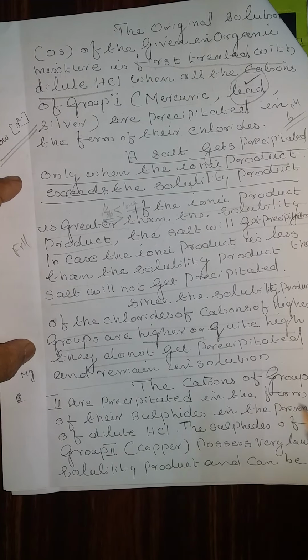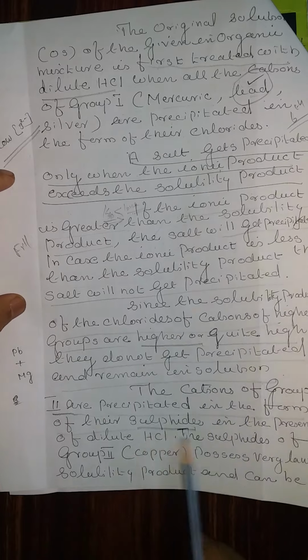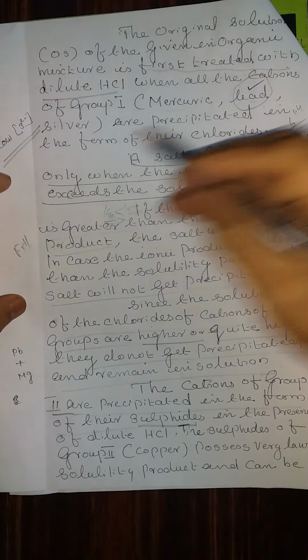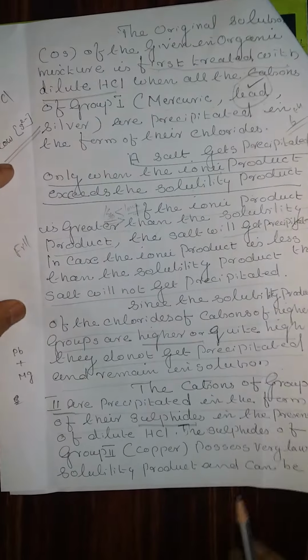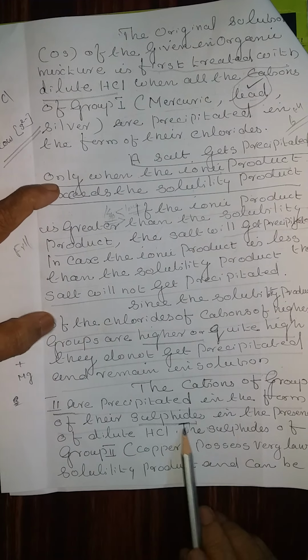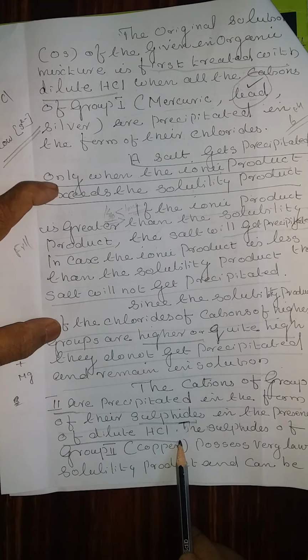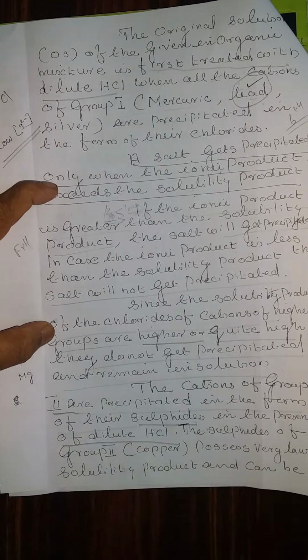The cations of group 2 are precipitated in the form of their sulfides, while the first group is precipitated as chlorides. The sulfides are precipitated in the presence of dilute HCl, that means the medium should be acidic; only then can they be precipitated.